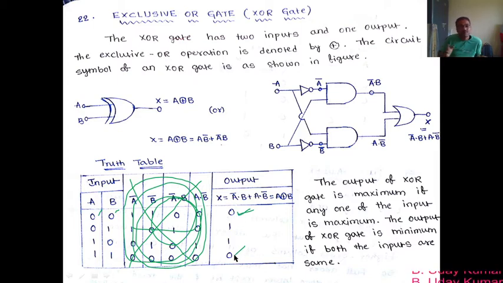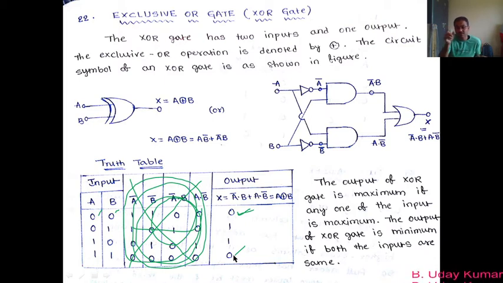What does that mean? It means that the XOR gate is a gate whose output is minimum or 0 when both the inputs are the same. If the inputs are 0 0, again you are getting 0, and if the inputs are 1 and 1, again you are getting 0.